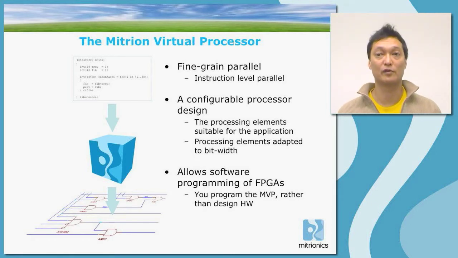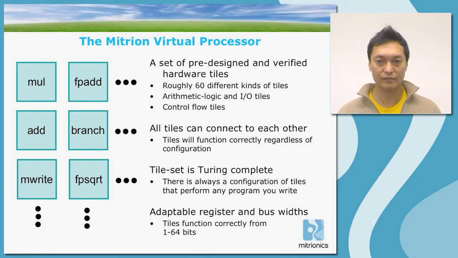The main point of the Mitrion Virtual Processor is that it allows software programming of FPGAs. You program the Mitrion Virtual Processor rather than design hardware to put into the FPGA. The way the MVP works is basically that it is a set of pre-designed and hardware-verified hardware tiles created by our electronic engineers.